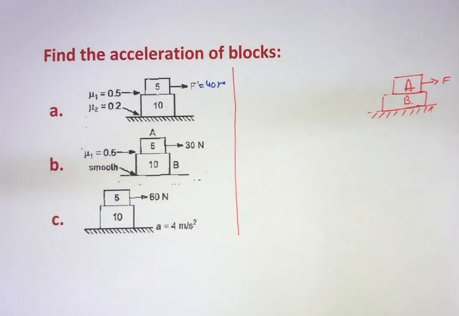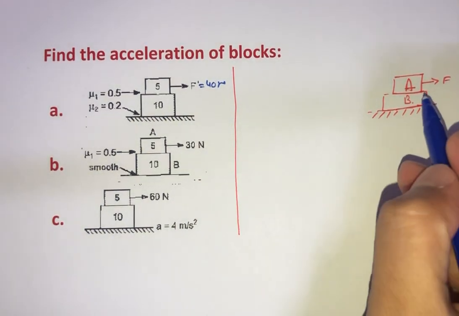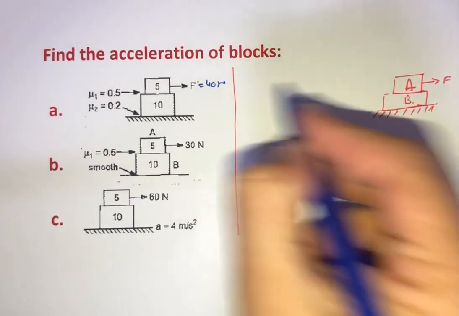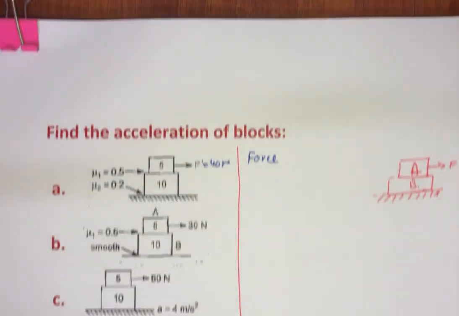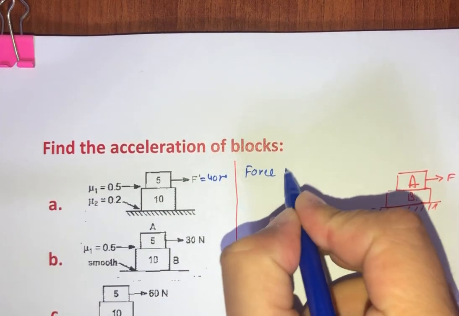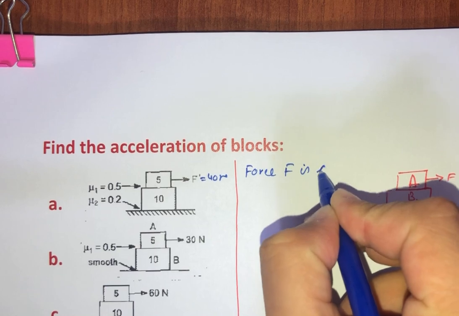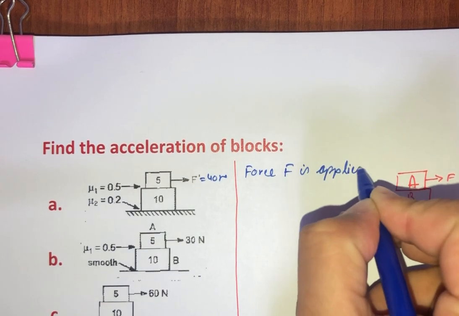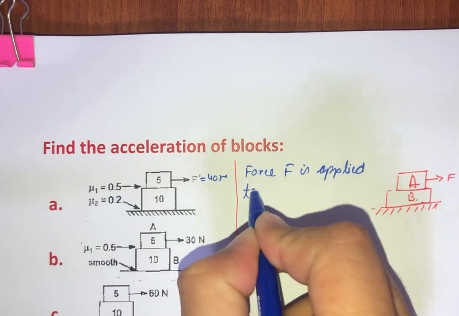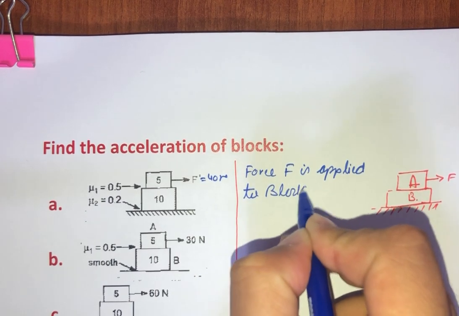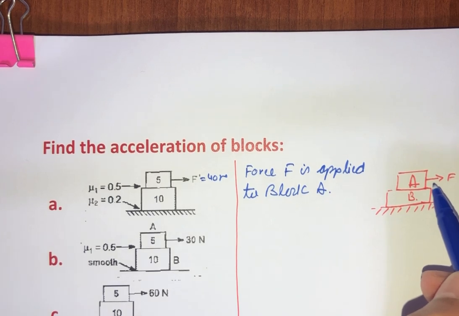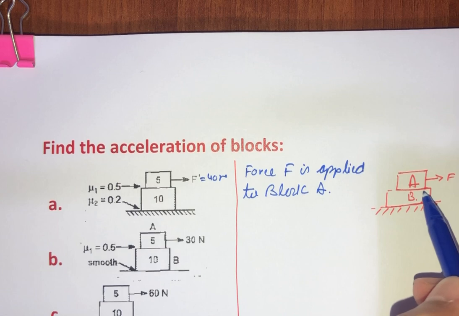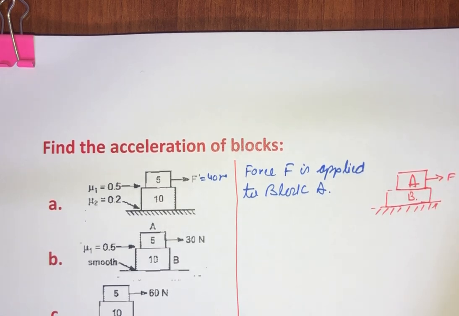Now what is going to happen? You can see here force F is applied to block A. Now the block A will try to move in the forward direction, means towards the right side.